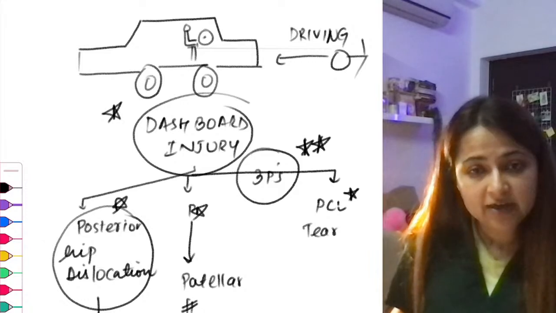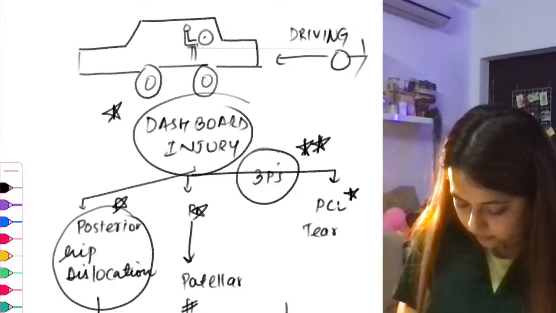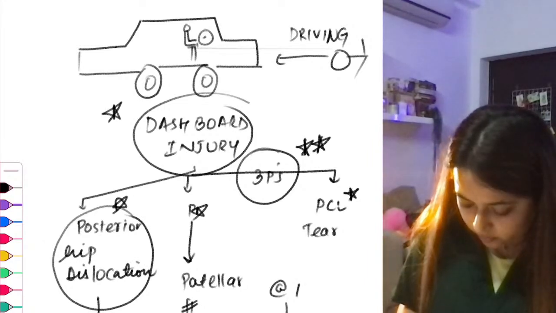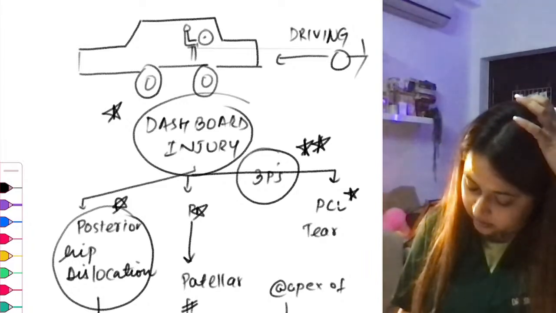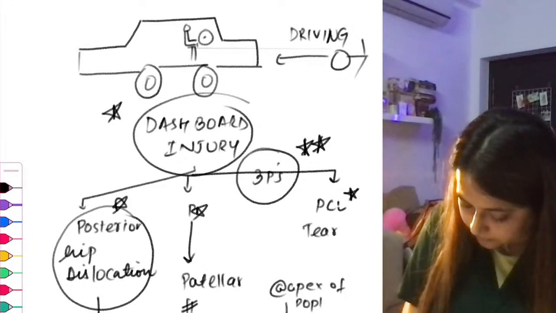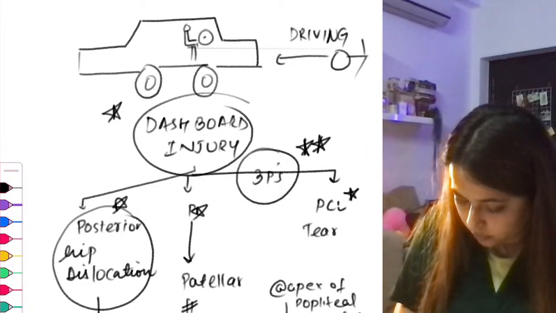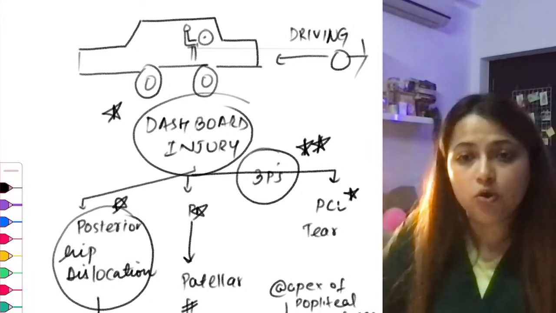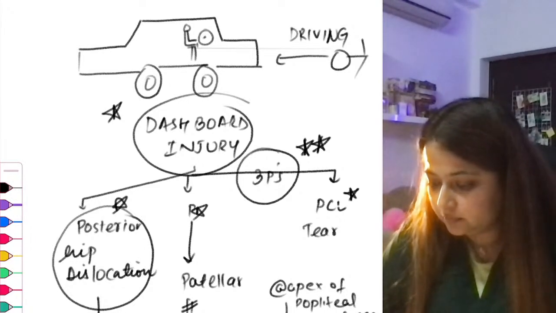Okay. So sciatic nerve divides into two divisions at the apex of popliteal fossa. What are those two divisions? What are those two branches of sciatic nerve at the apex of popliteal fossa?